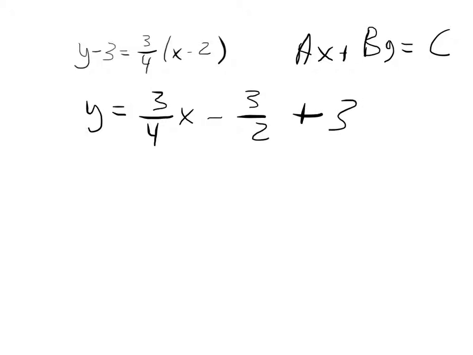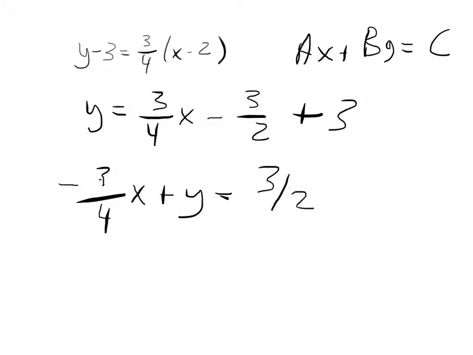And then I could move the 3/4 x over to the left side, negative 3/4 x plus y equals, combine the 3 and the negative 3/2, that would be, let's see, 3/2. And now, am I in the form of ax plus by equals c? Indeed I am. A is negative 3/4, b is 1, and c is 3/2.